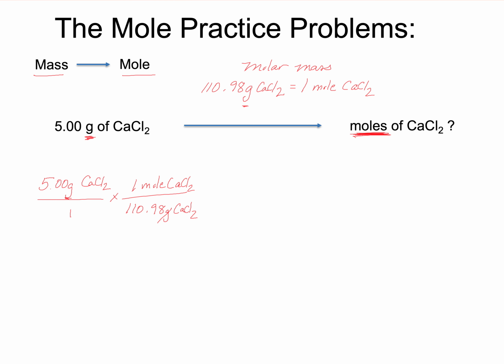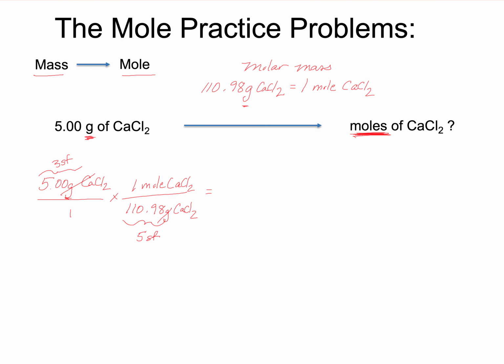Moles. Our grams of calcium chloride will cancel, and we can just do our mathematics here, noting that we need to maintain significant digits. This is 3 sig figs here, and the formula mass, or molar mass if you will, now we do have to take into account its sig figs, and it happens to have 5.